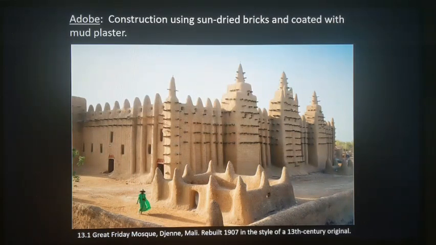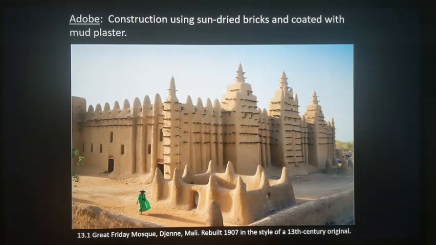And then we have a mud plaster that is applied to the outside of the structure and reapplied every couple of years depending on how much precipitation we have. And what you can see on the outside, all those little knobs are the wooden understructure that we use to climb up and reapply that mud plaster.